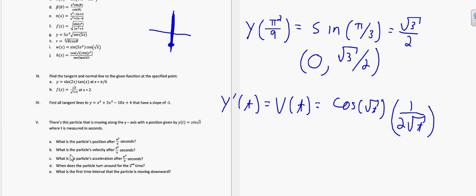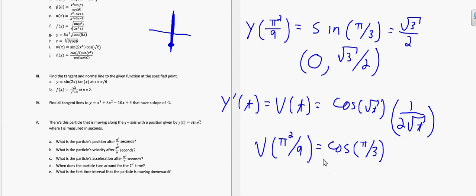That's fine. And we want the particle's velocity after pi squared over 9 seconds, so we plug it in. We get cosine of the square root of pi squared over 9, which is pi over 3, over 2 times the square root of pi squared over 9, which is pi over 3 again.